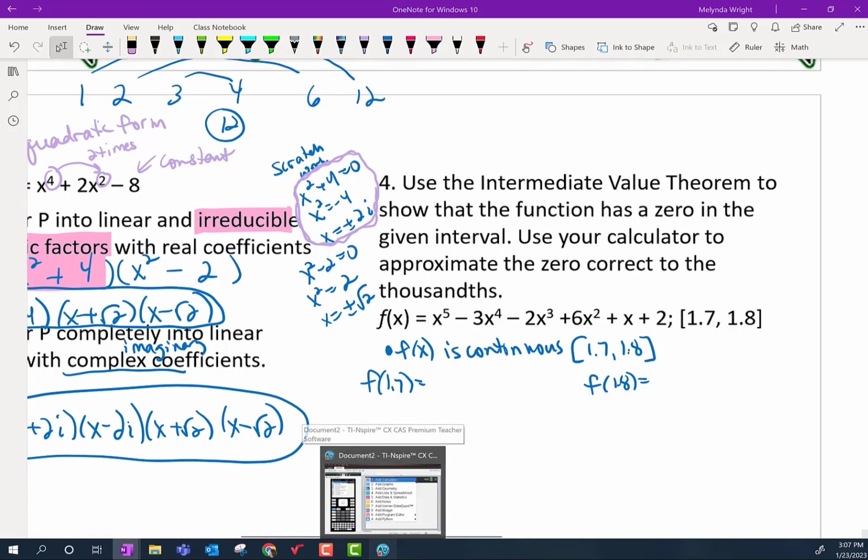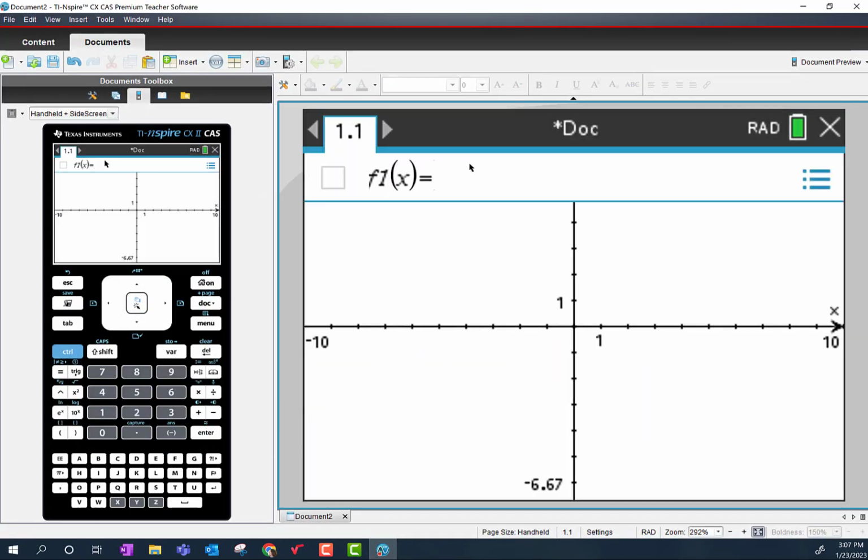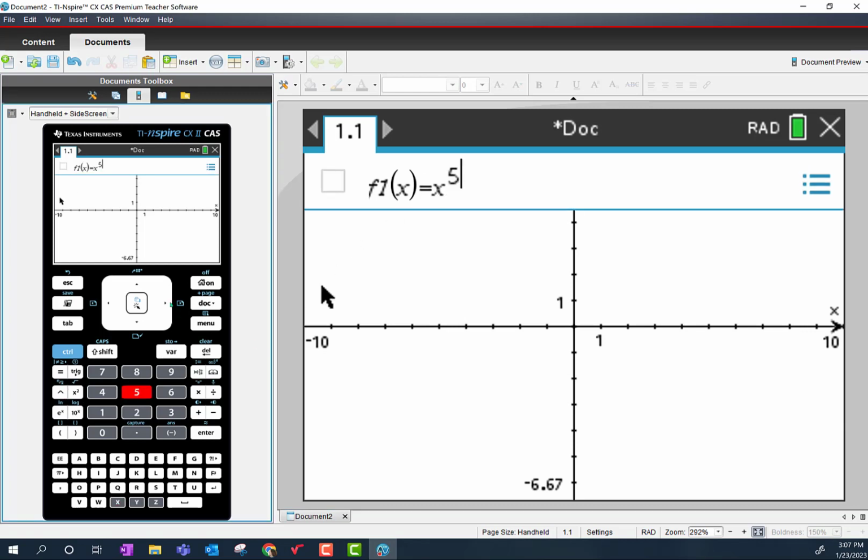So here we go. Let's go to our calculator, go to our grapher. So we've got x to the fifth, then we have minus 3x to the fourth, then we've got minus 2x to the third, then we've got plus 6x squared, then we've got plus x, and then plus 2.